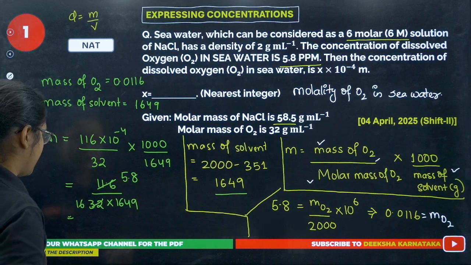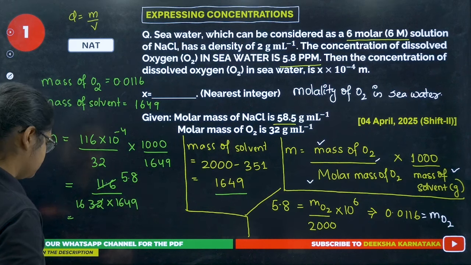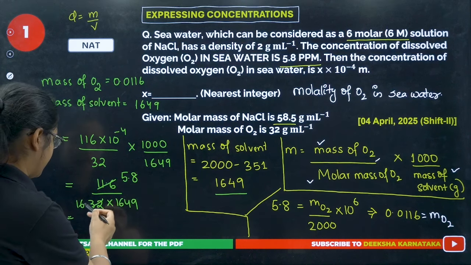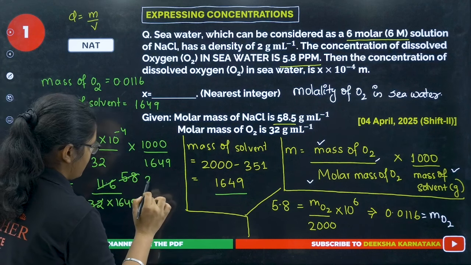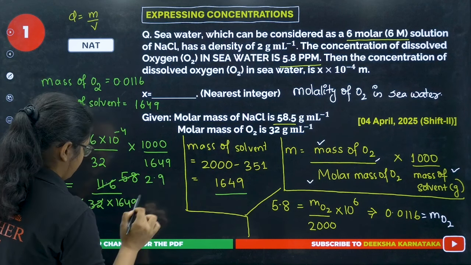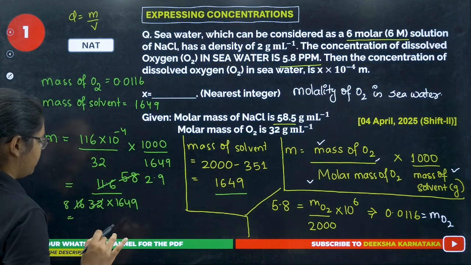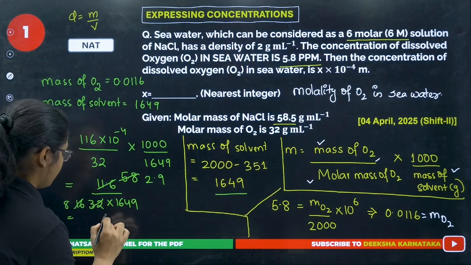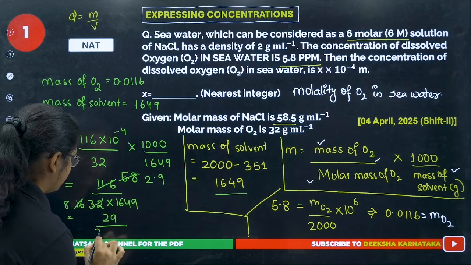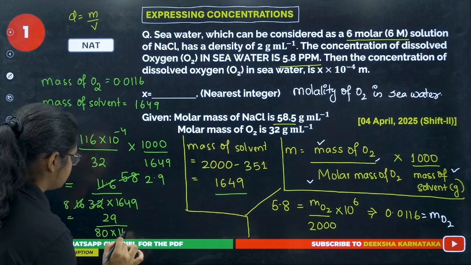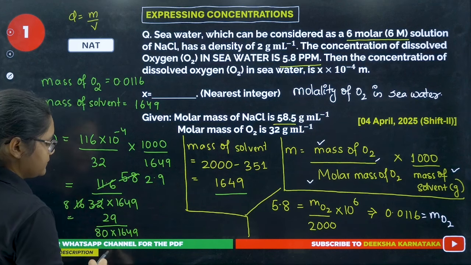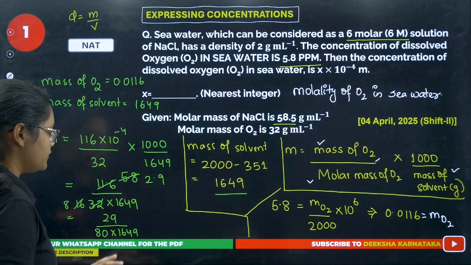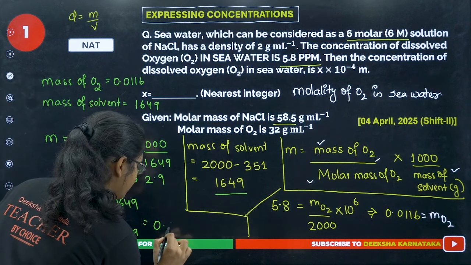Next I can have 5.8 and 16, I can further cancel, 2 8s are 16, and I have 2.9, right? So I have 29 by 80 into 1649.